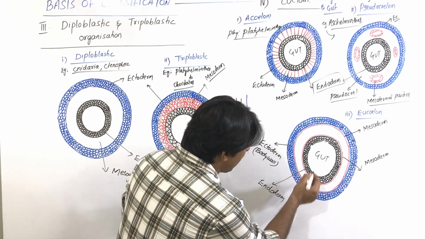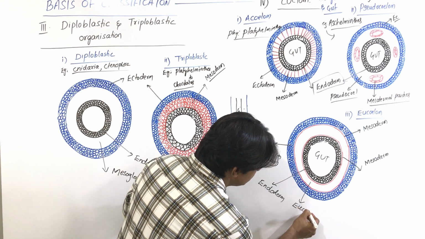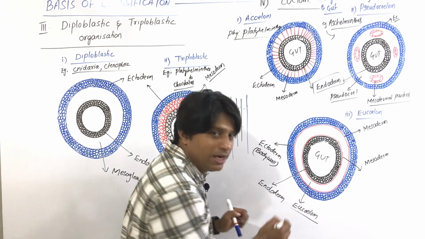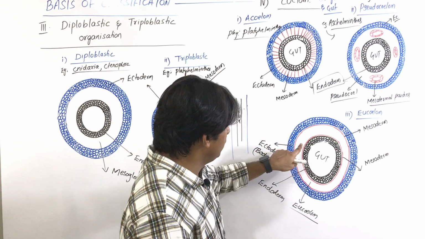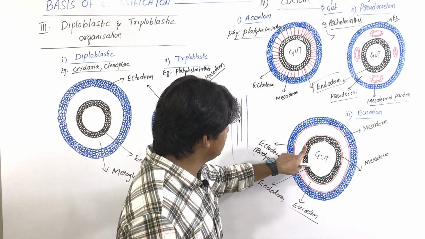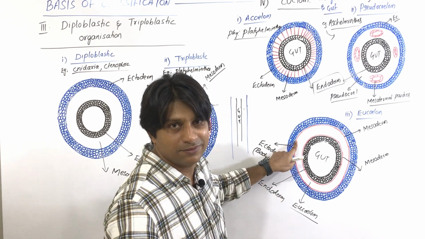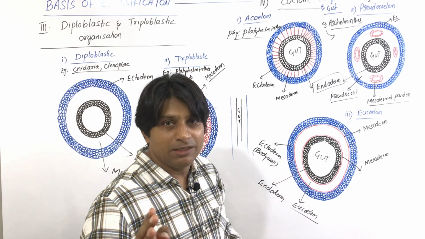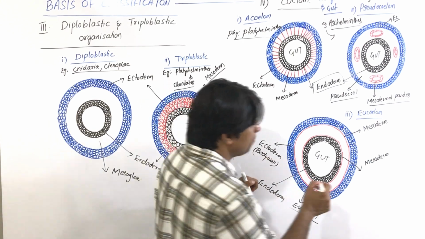Now this space is called coelom. I am just calling it eucoelom, that is true coelom. Why? Because this coelom is lined by mesoderm on both sides, and this mesoderm lining the coelom on both sides is called peritoneum.